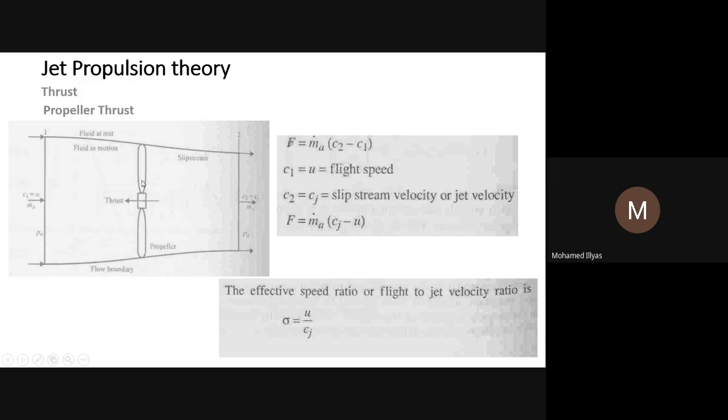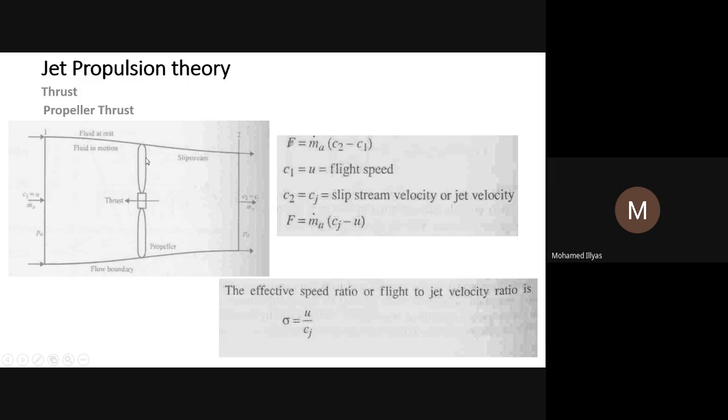The propeller is rotating at very high rotational speed, so that rotational speed will be transferred to the fluid just crossing the propeller blade. What will happen immediately?